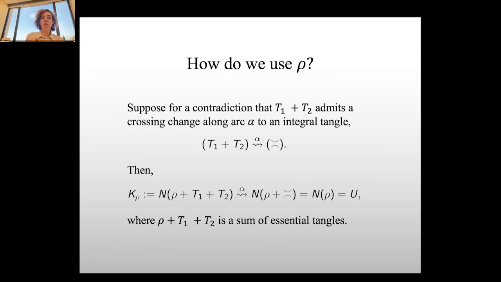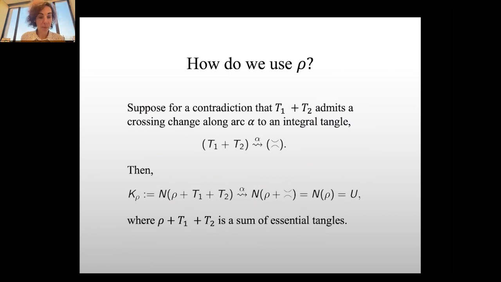So if we do the crossing change along crossing arc alpha, that turns T1 plus T2 into an integral tangle, which up to some reparameterization, we can just assume is the horizontal tangle. And so this numerator closure just reduces to the numerator closure of rho. But rho had this very special property that the numerator closure was a knot. And by construction, rho plus the tangle sum T1 plus T2 is the sum of essential tangles, because rho is essential and T1 plus T2 is essential.